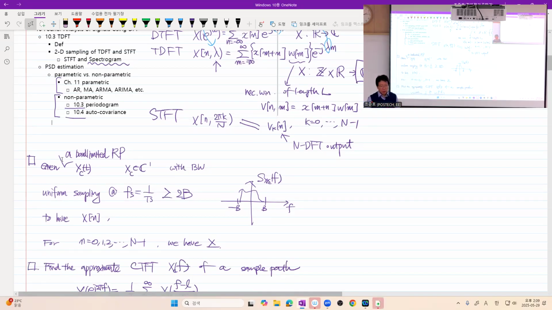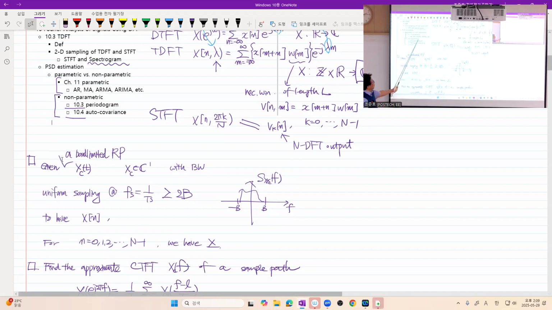Got it? So at this point, just believe that the estimation of a power spectral density is a very important topic. And there are basically two big approaches. One is the so-called parametric approach, which is the topic of today.